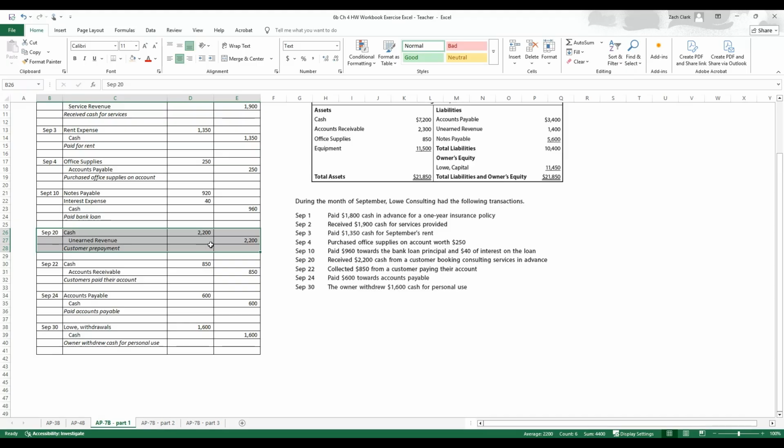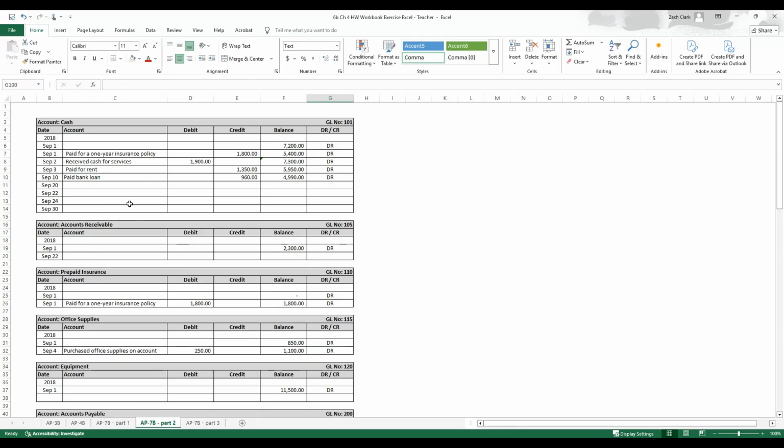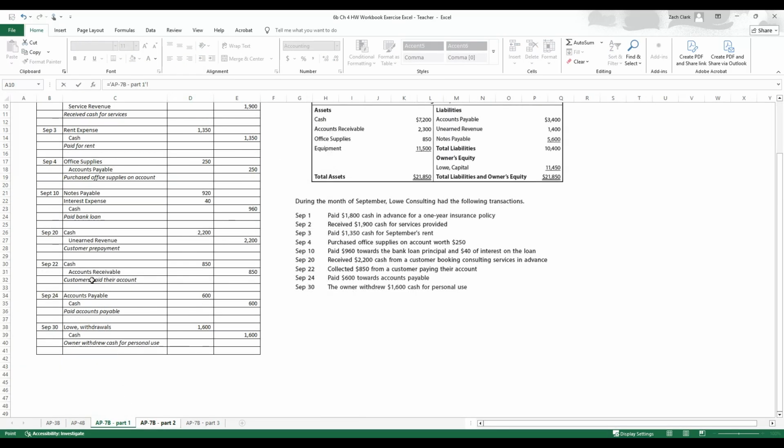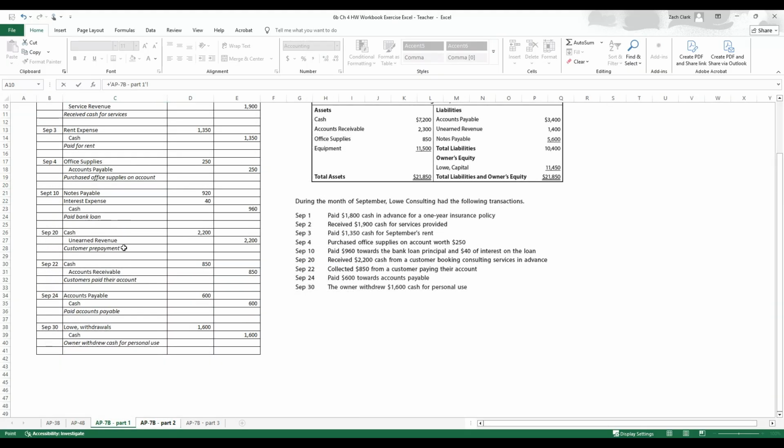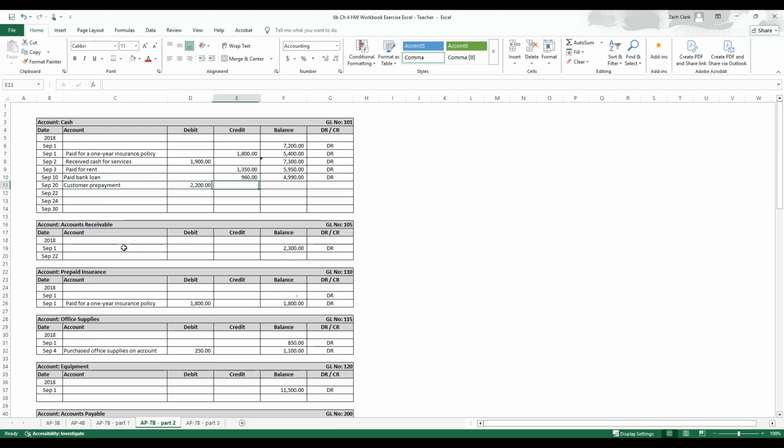And so what we want to do here is increase cash and increase the unearned revenue liability. So we debited cash, $2,200. Put the explanation in. So now we're going to increase our running total.